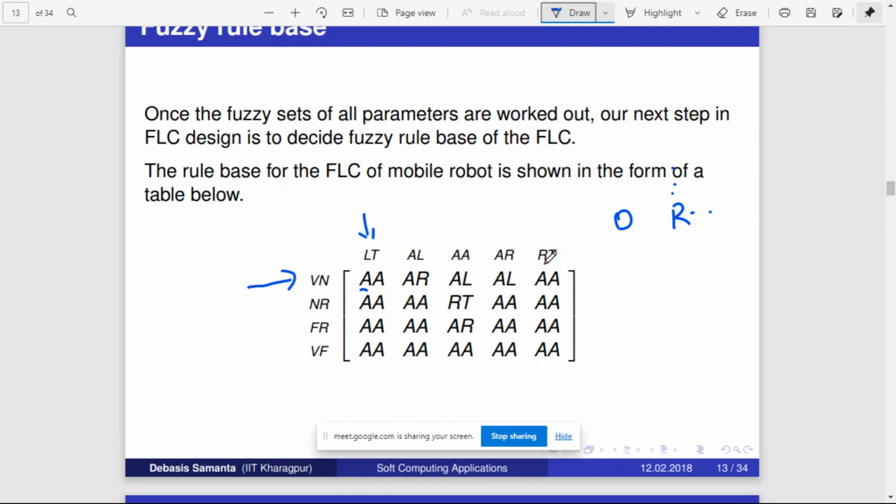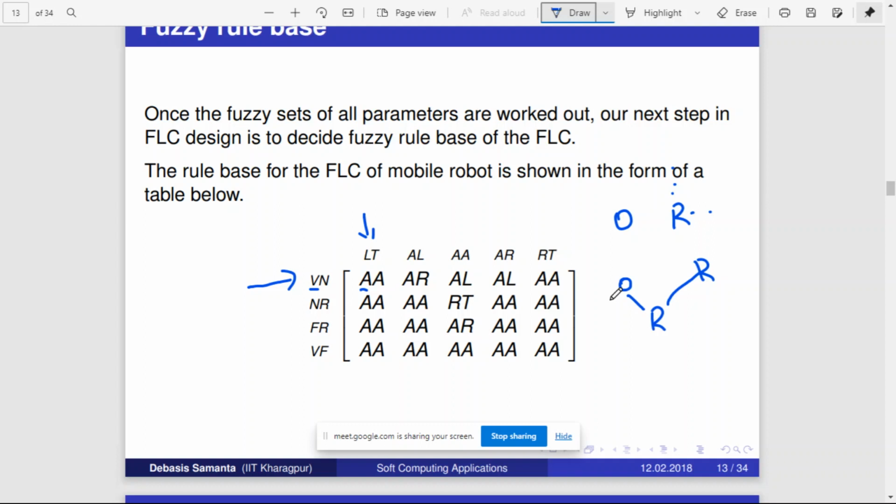If the object is very near and ahead left, then what the robot should do is deviate towards the right. The robot is here and the object is here, then the robot should go towards its right, because the object is coming ahead, so the robot should go here, so that the object will go like this and the robot will continue, right.